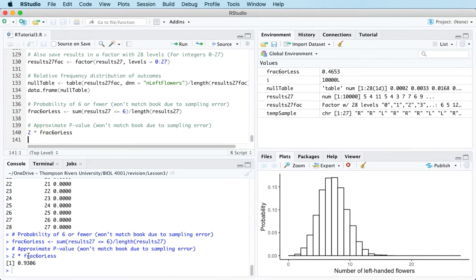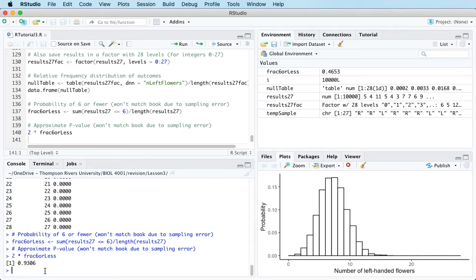So in this case I get a p-value of 0.9306, and then step 4 is to make a decision. I compare this value with the significance level, and we'll use 0.05 as our significance level, and if 0.9306 was less than 0.05, I would reject the null in favor of the alternative, but in this case 0.9306 is not less than 0.05, so I cannot reject the null hypothesis in this case.